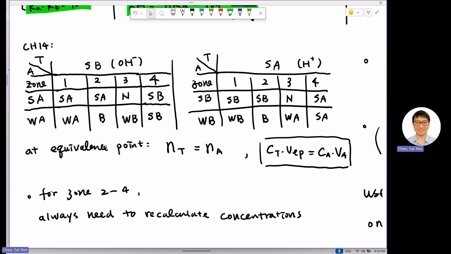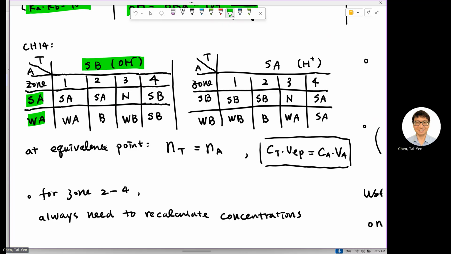Okay, so we always start from the simplest case, right? This is the first example we gave you. If we start with a strong acid, then at zone 1, you will have a strong acid solution.